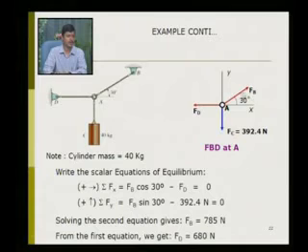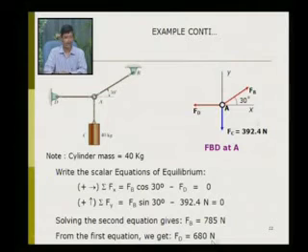So the first force is Fb, and the component of Fb in the vertical direction is Fb sin 30, which is in the upward direction, and that's why it is taken positive, and Fc is acting downward, so minus 392.4 Newton is equal to 0. Solving these two equations we will get Fb and Fd. So Fb is equal to 785 Newton and Fd is equal to 680 Newton.